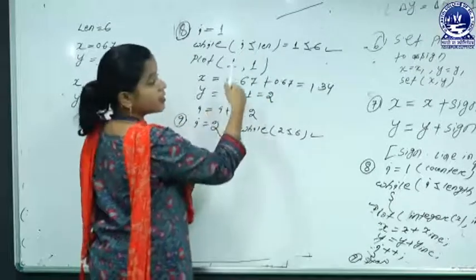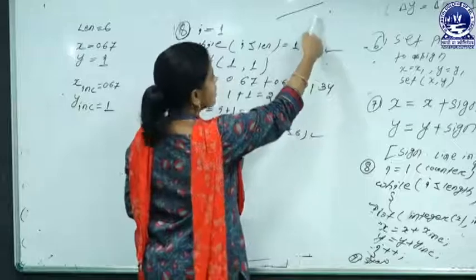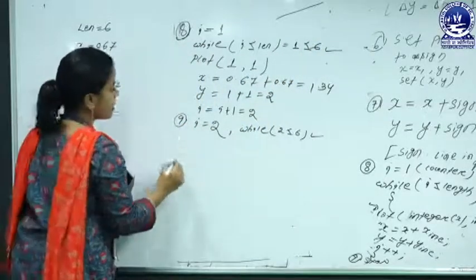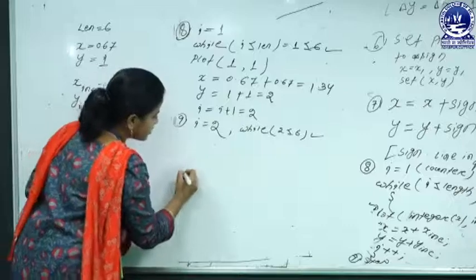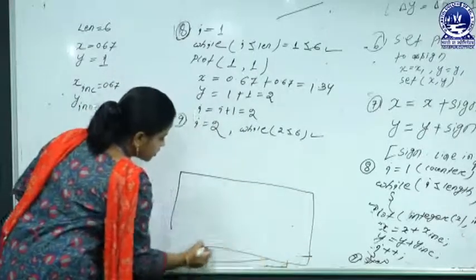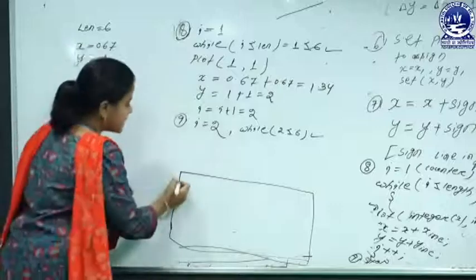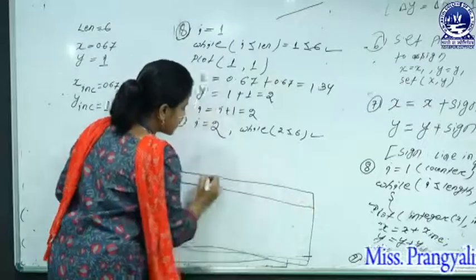So finding all the intermediate coordinate points, we have to plot these coordinate points in tabular format. So here I have to draw a tabular structure. The table contains 4 columns.